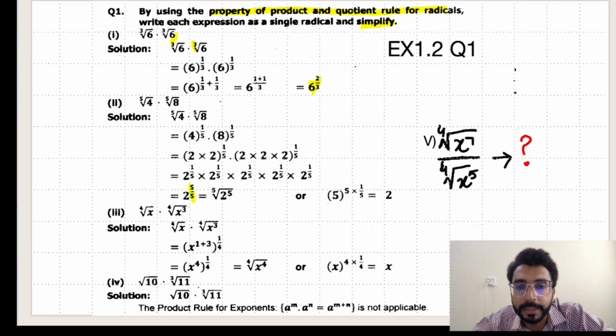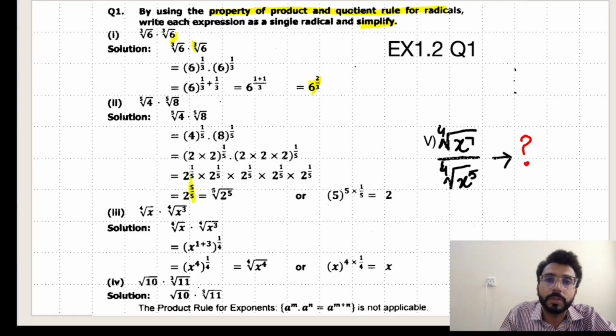You can write it as 2 to the power 5 by 5.